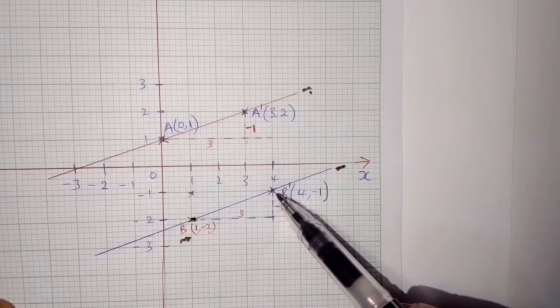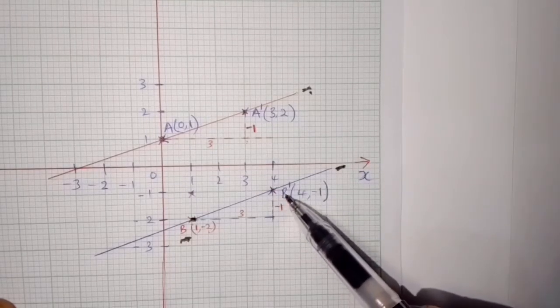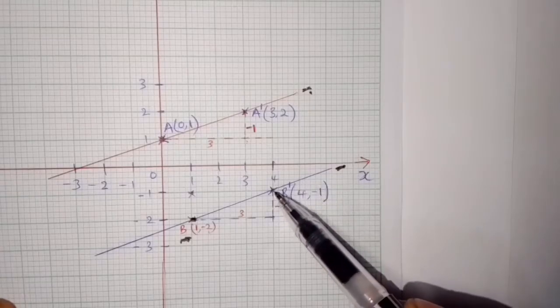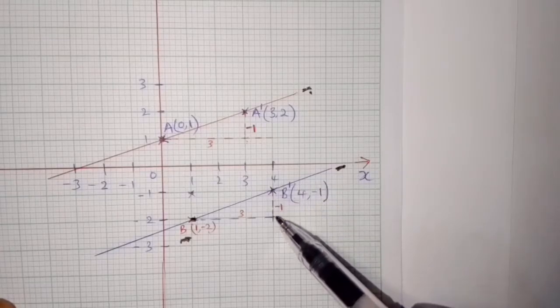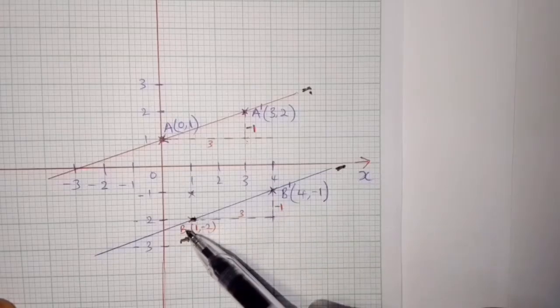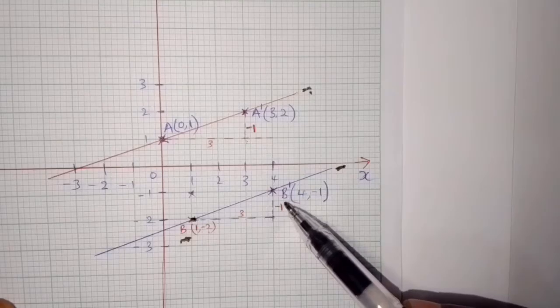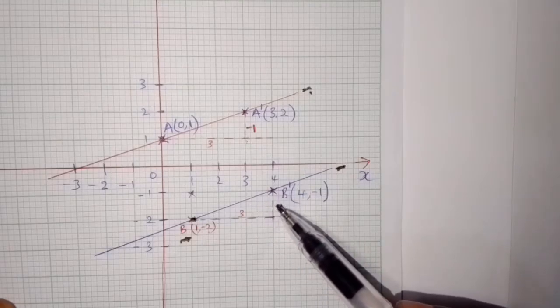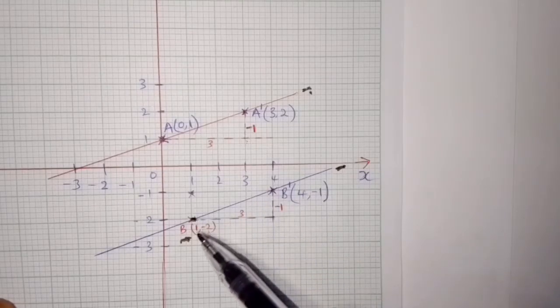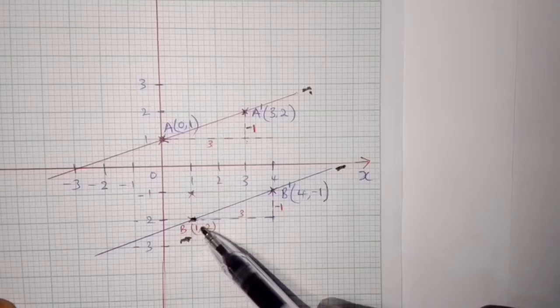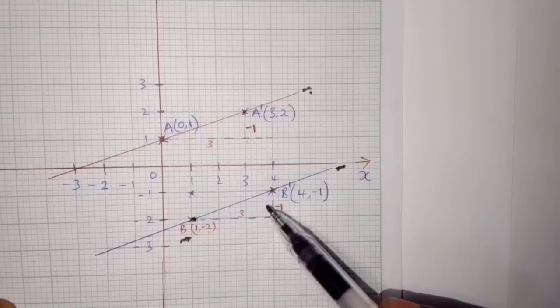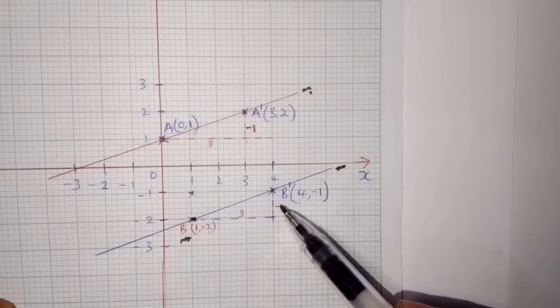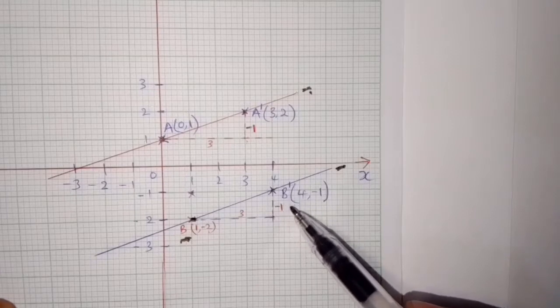We are also going to apply it to B prime, which we have been given here. So we are going to move 1 point down in order for us to arrive at B. B is the object that has been translated to B prime.